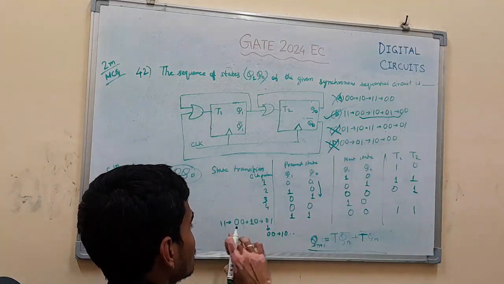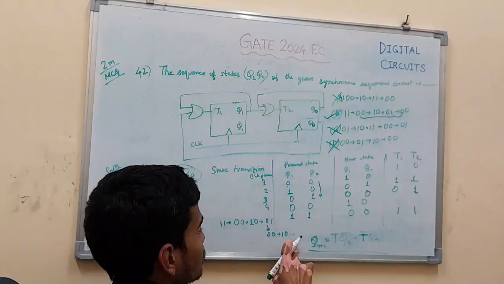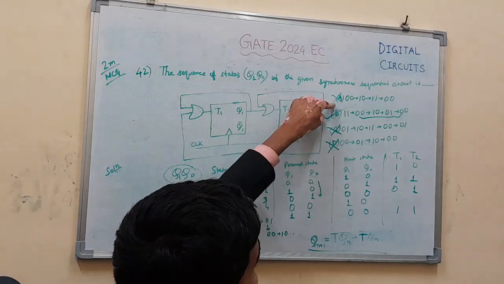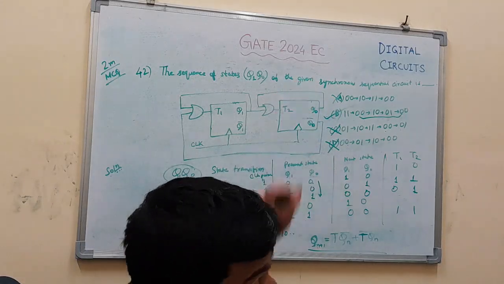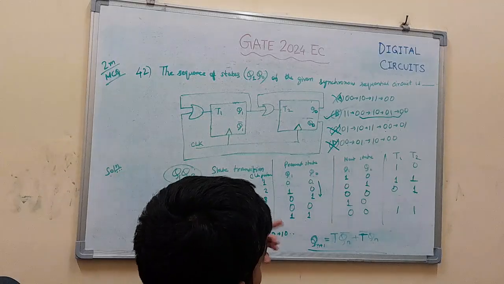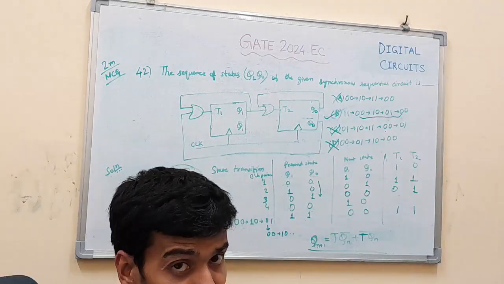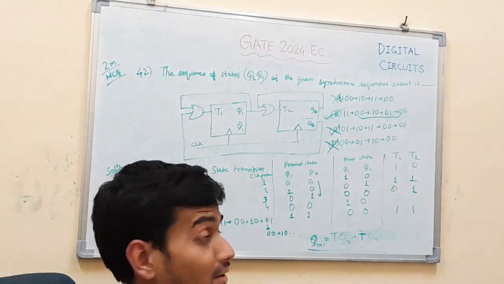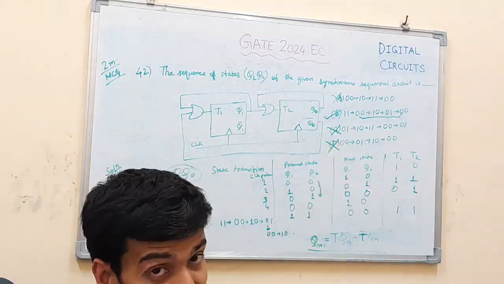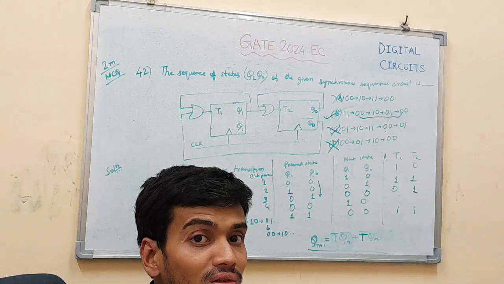Here we find that the correct transition is 1 1, 0 0, 1 0, 0 1, 0 0 and so on, which matches option B. We have also checked how the other options are incorrect by checking the sequence of states. So I explained the detailed steps and also showed which option is correct, option B, how it is correct, and that the other options are wrong. Hope you understood the solution and followed it carefully.